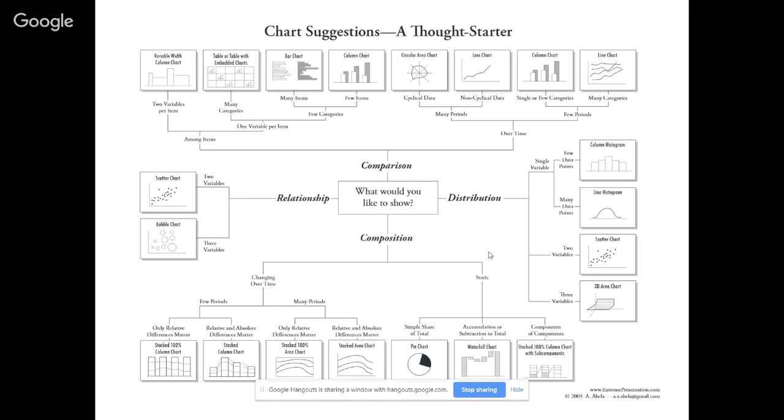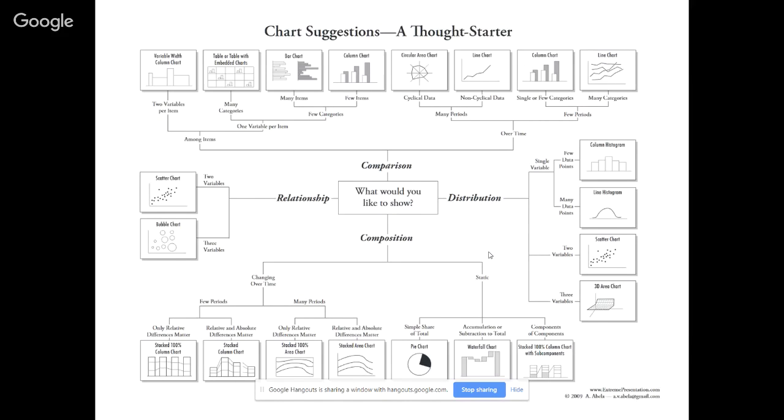If you are doing composition, it means that you are looking at data that changed over time. So you are working with timelines, either many periods or a few periods. So you could go with a stacked column chart if only relative differences matter. If relative and absolute differences matter, you could look at stacked column charts as well. You can also look at stacked area charts if you are only looking at data that has only relative differences.